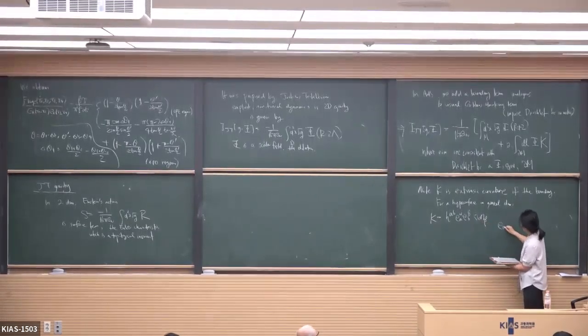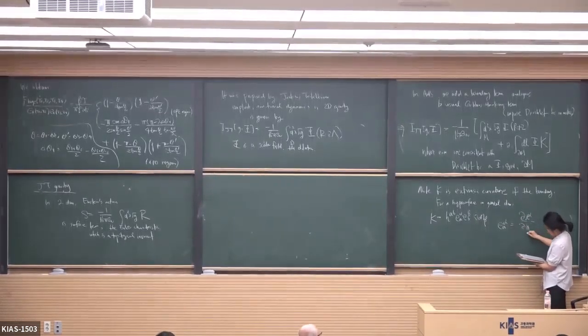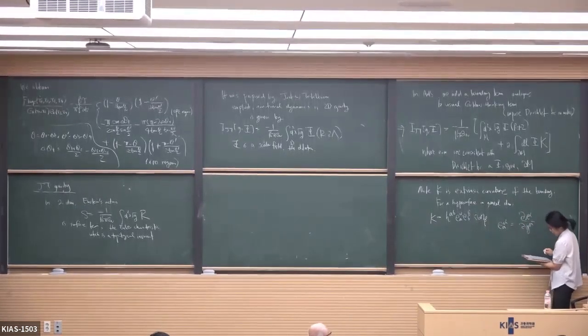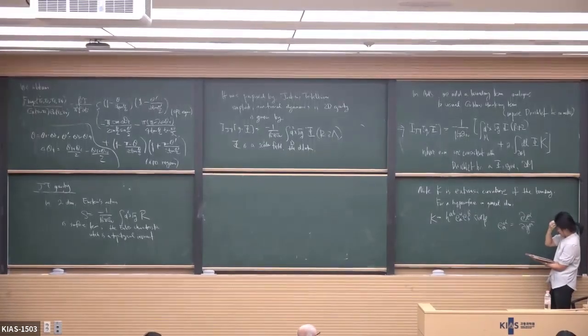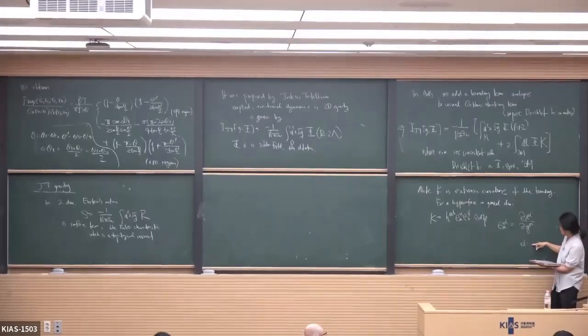So e^alpha_A is defined by taking the derivative of the external coordinates. These alpha are indices for coordinates in the larger space-time in which the hypersurface is embedded, and the A's index intrinsic coordinates that parameterize your surface, right?